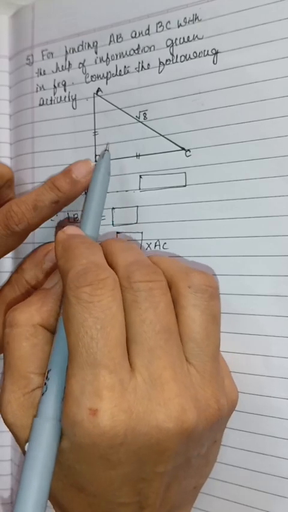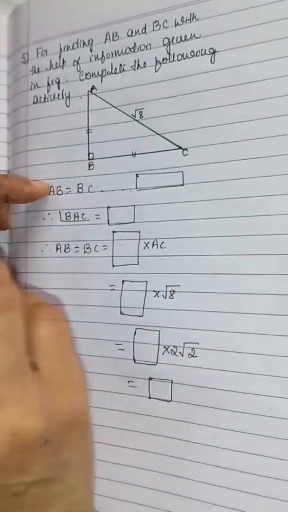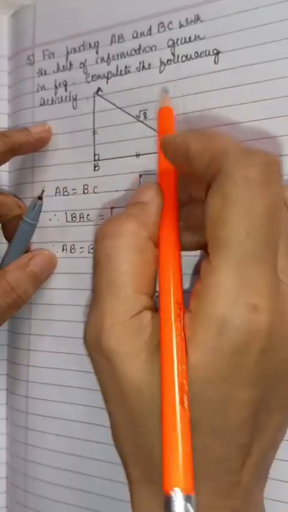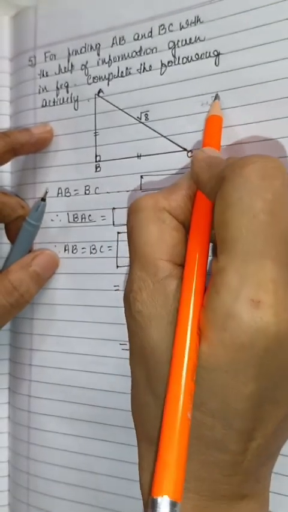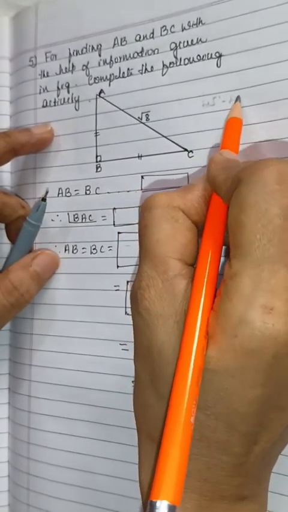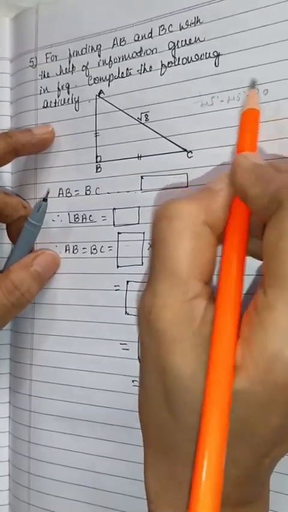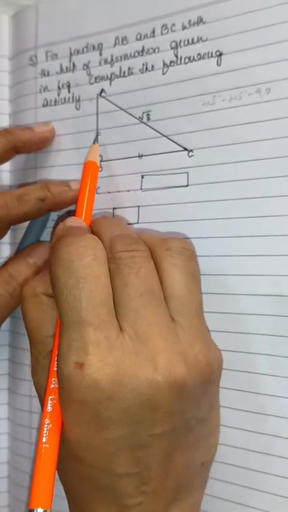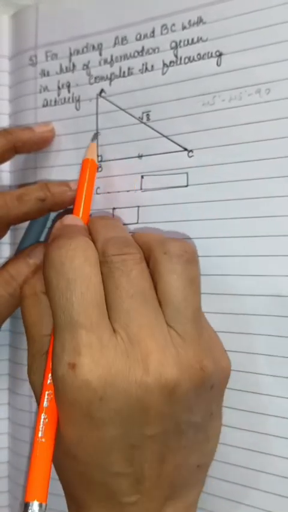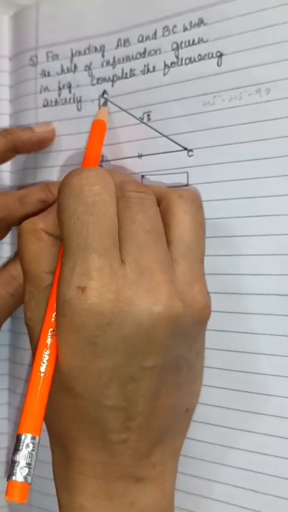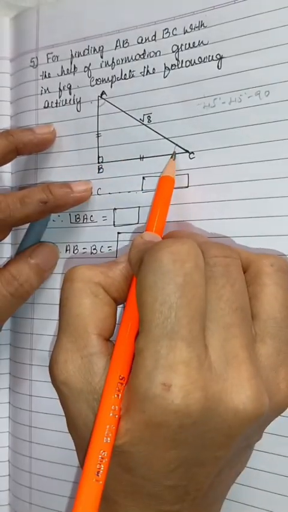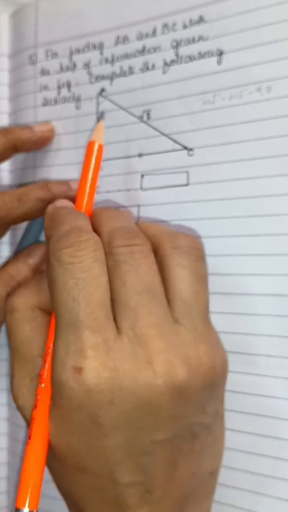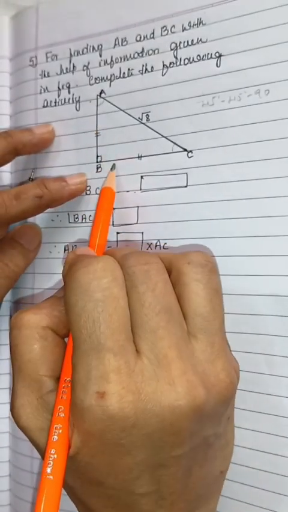So this is a 45 degree, 45 degree and 90 degree triangle. Because this is 90 degree, and see, identical marks are here, so this is 45 degree, this is also 45 degree. This is a property of a right angle triangle.